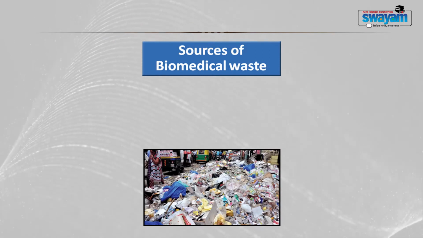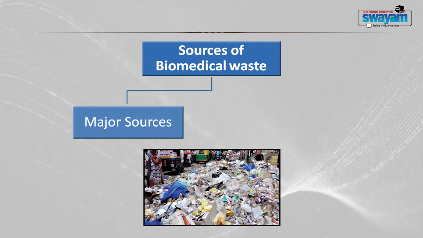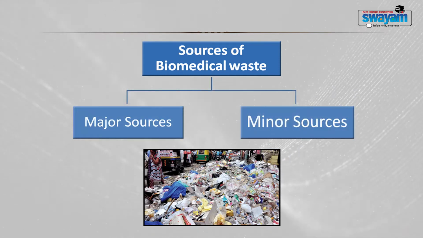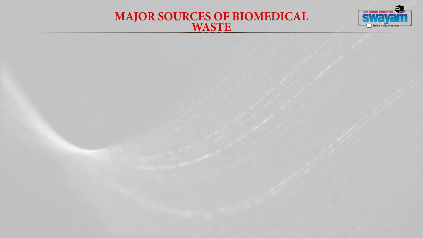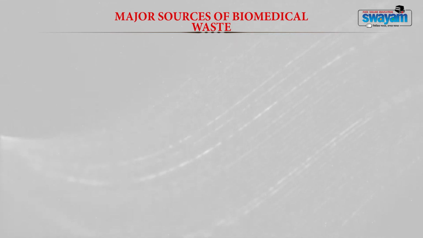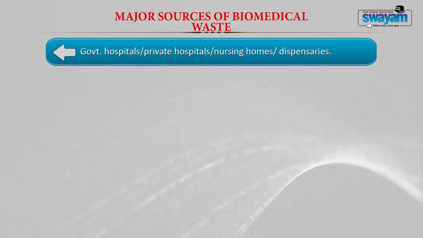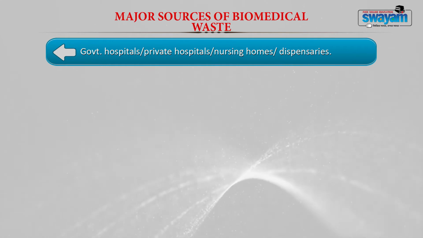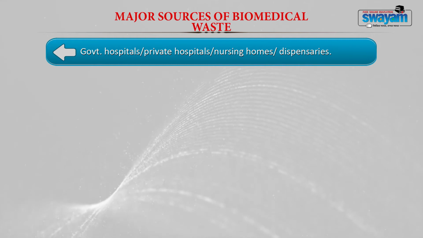Broadly, the sources are categorized into two types, major sources and minor sources. Let us discuss the categories where the major sources come into existence. Government hospitals, private hospitals, nursing homes, clinics, and dispensaries come under the major sources of biomedical waste generation.